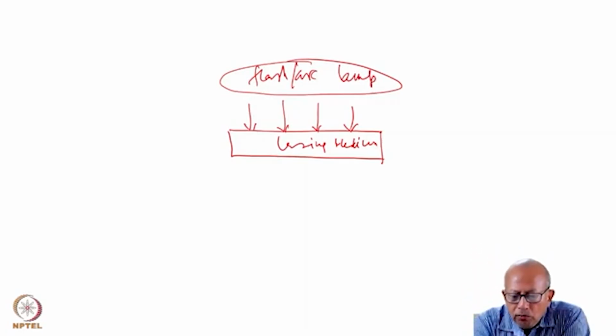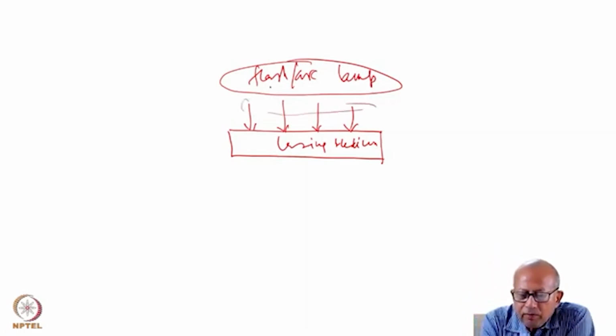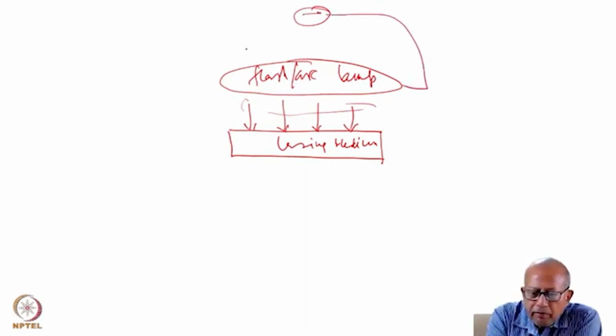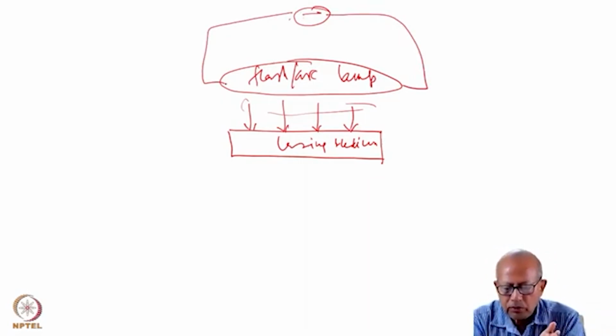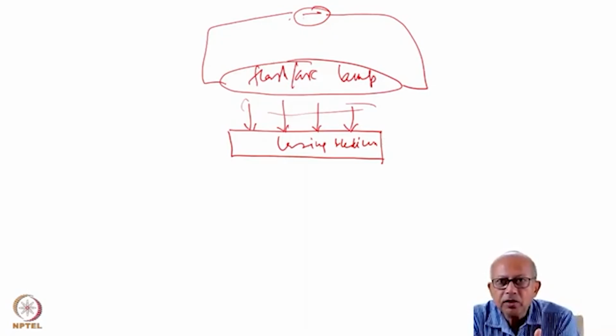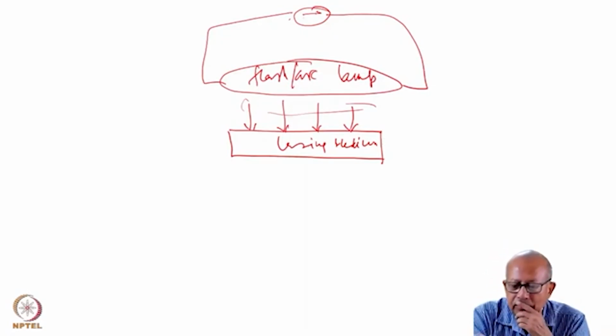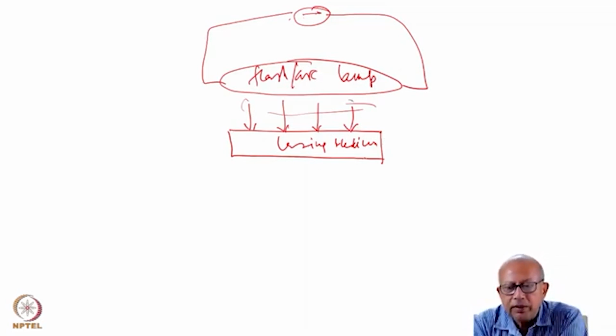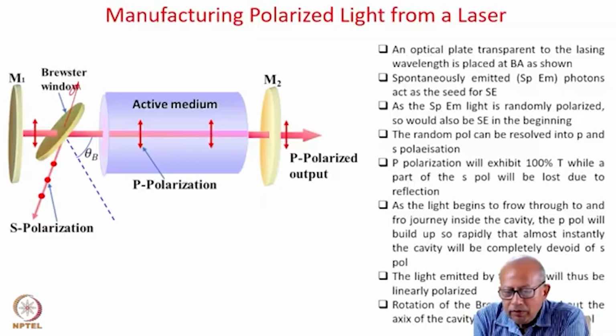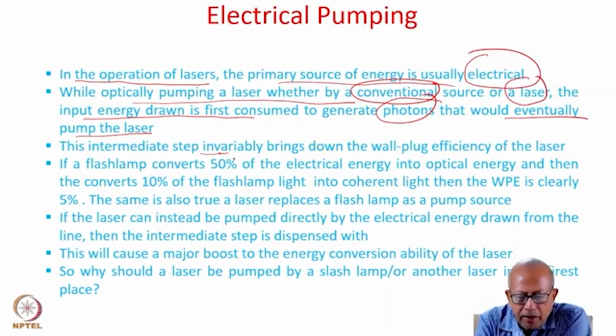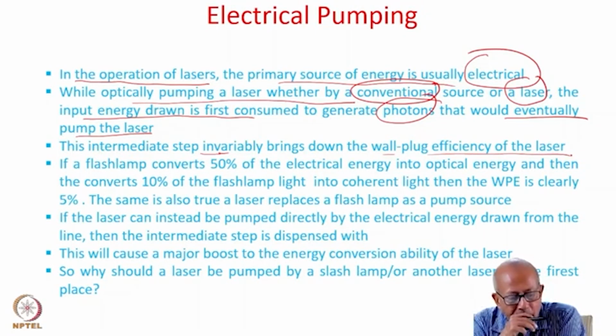So how do they produce this light? As you know, it draws electrical power from the line, and you use a gas, put an electrical discharge, and this electrical energy then is converted into light energy, and then you pump this lasing medium by that. However, this intermediate step invariably brings down the wall plug efficiency of the laser.